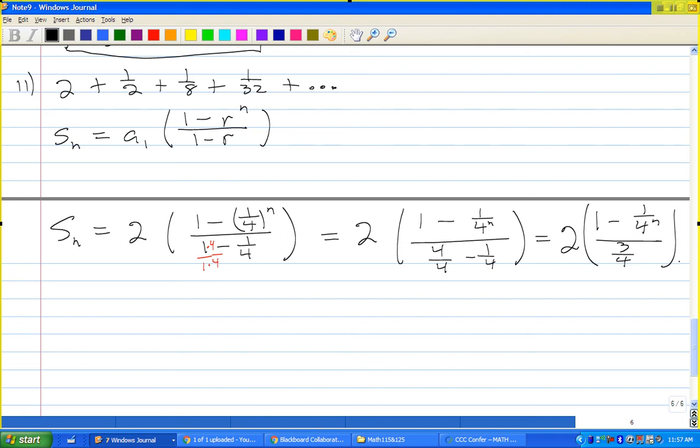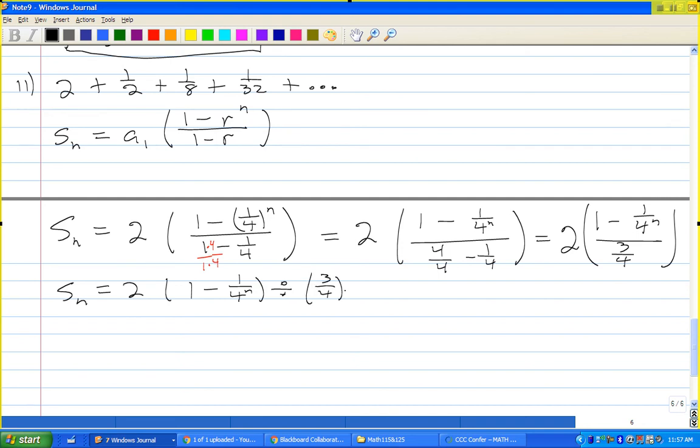Now, dividing is the same as multiplying by the reciprocal. And so let us write, this is saying dividing by 3/4.